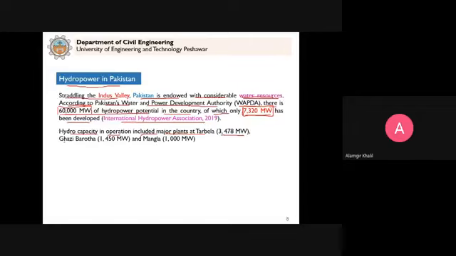Ghazi Barotha, which is not a dam but just a channel which runs from Ghazi to Barotha, where the head is available that we utilize to generate hydropower, provides 1,450 megawatt of electricity. And the other major reservoir, the Mangla Dam, generates about 1,000 megawatt of hydropower. These are the major plants. Besides, we have medium and small size hydropower plants.